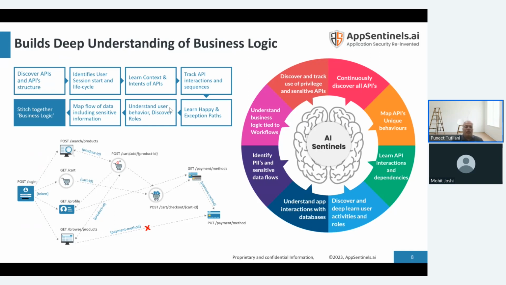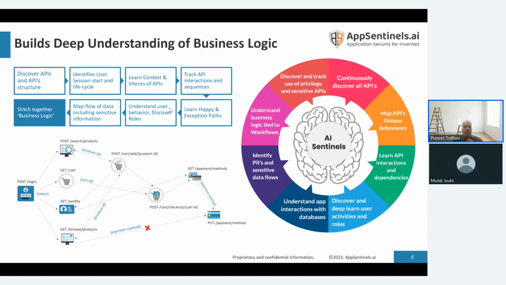What you can see over here on the screen is a marketplace, and there could be hundreds and thousands of workflows in a marketplace, like how a customer searches for a product and adds it to the cart. From there on, how the user checks out from the cart and makes a successful payment via a credit card or a banking transaction.